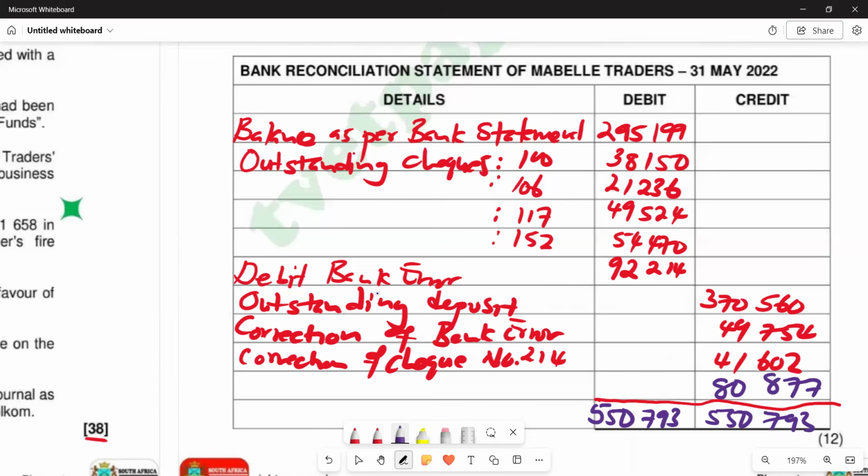So here we are saying credit balance as the bank account. In the bank account, it's a credit balance. You see, we are saying bank account. In the bank account, in the books, it's a credit balance. But on the bank statement, it's a debit balance.